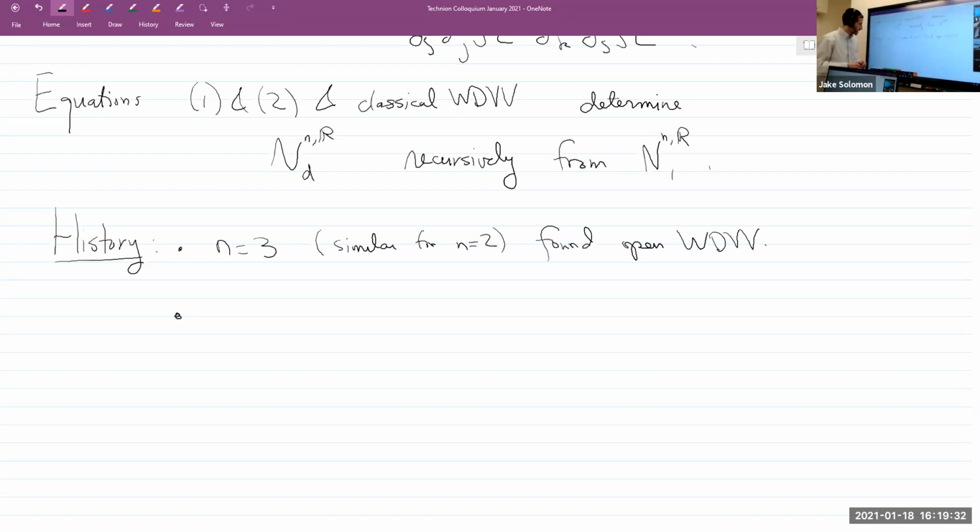Now, originally the idea was just to write down a proof of this, and I have to say, it was kind of irresistible to try to look at what would happen if you took n, I mean, these equations make sense in any dimension, right?